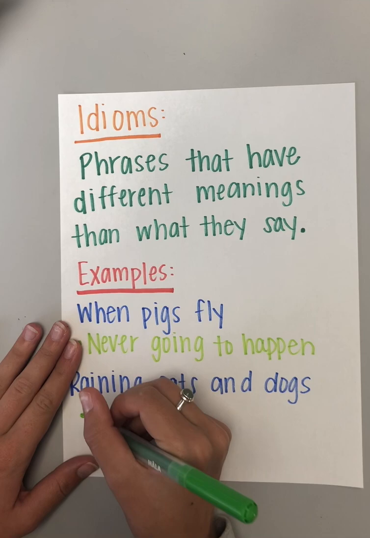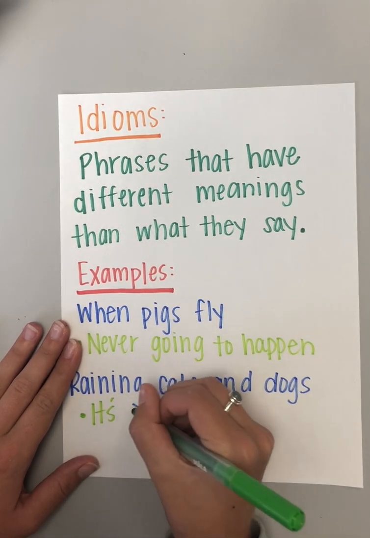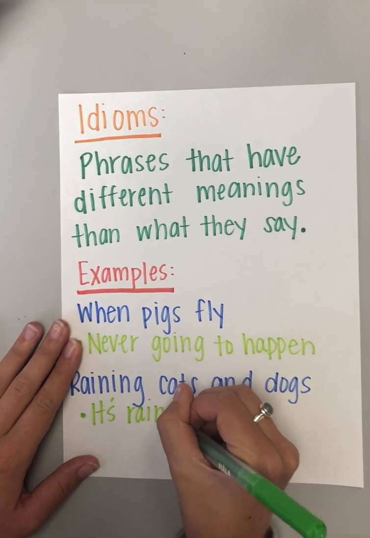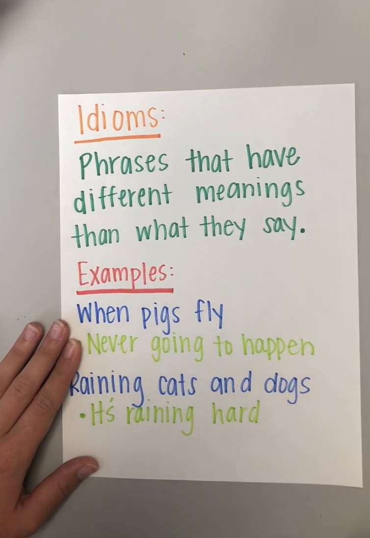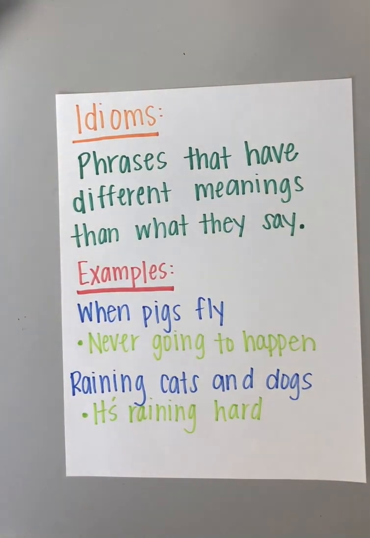Right, they mean it's raining hard. It's raining very hard. If it's raining cats and dogs, you most likely need an umbrella because it is raining very hard.